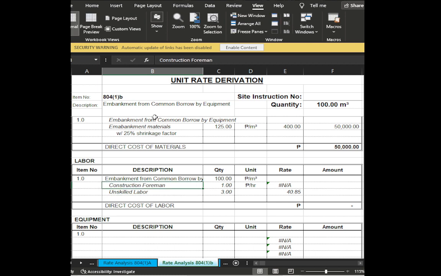Construction foreman. It's not taking it because the formula needs to be exactly the same. Why is it not taking that one, guys?